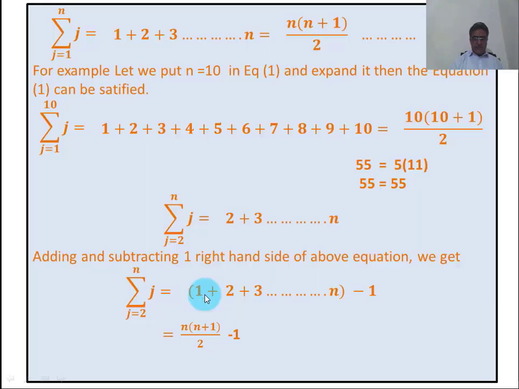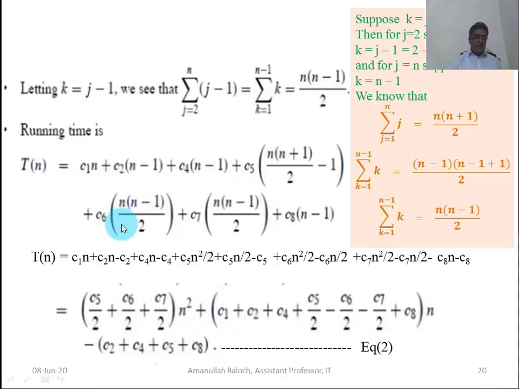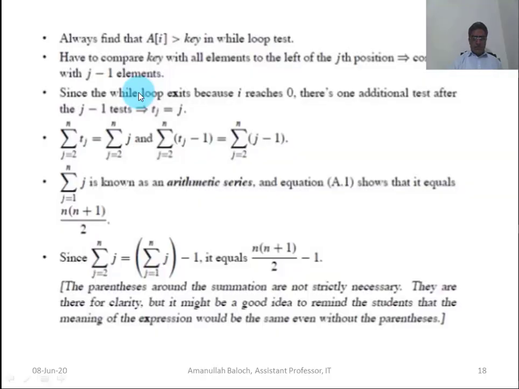The next scenario is this one, that is sigma j is equal to 2 to n, j minus 1. This is the number of times the body of the while loop, the statement of the while loop, will execute.